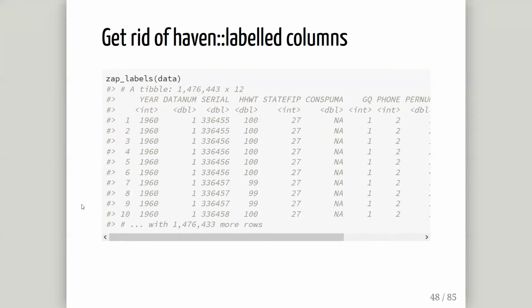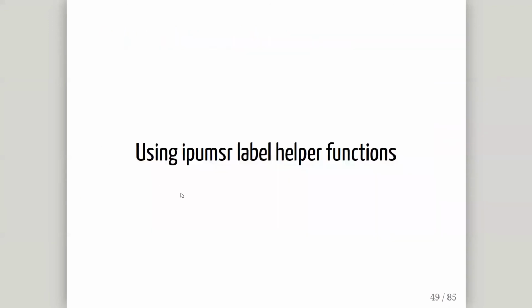So hopefully we can convince you that this isn't always the best option, because ipumsr provides these label helper functions that allow you to be a little bit smarter with how you recode these variables to fit your analysis. And there is a bit of a learning curve with some of these functions, but just like any new type of function, I think the work pays off if you put the work in.